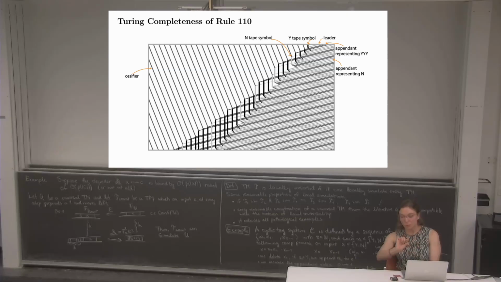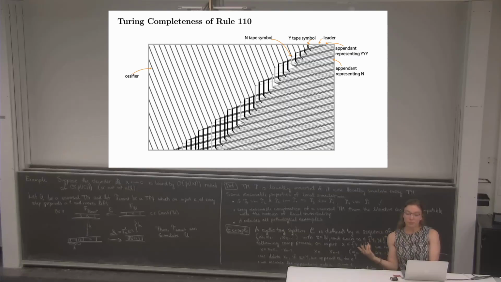Every time you go through the appendant list, you have a guarantee that you will append at least one non-empty appendant to the tape, such that the ossifiers will never hit the tape symbols if you place them far enough from each other. Luckily, one can show that there is a locally universal cyclic tag system which has this property.